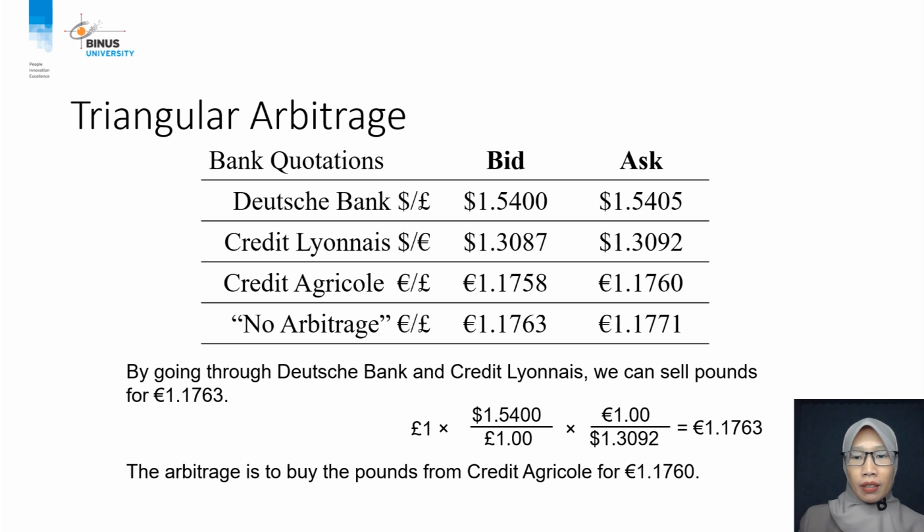And you can calculate the ask price for no arbitrage by dividing 1.5405, the ask price of Deutsche Bank, by $1.3087 per euro, the bid price of Credit Lyonnais, and you get 1.1771.